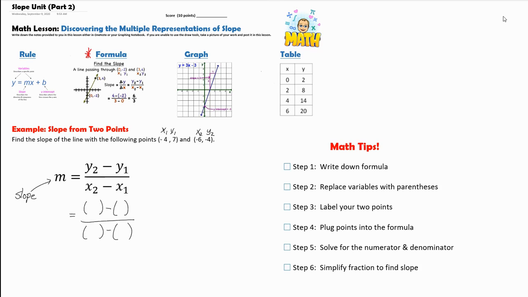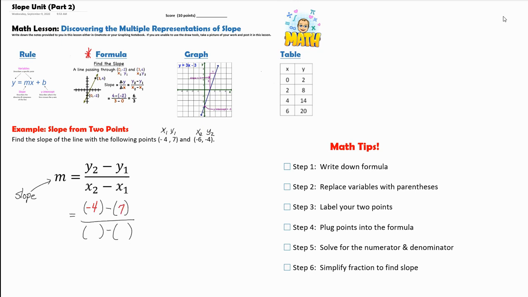So now all we need to do in step 4 is to plug the points into the formula. So here I see that y sub 2 is -4, and y sub 1 is +7.